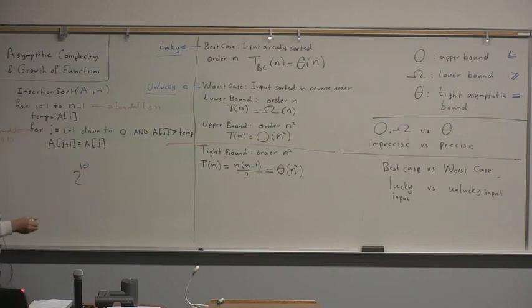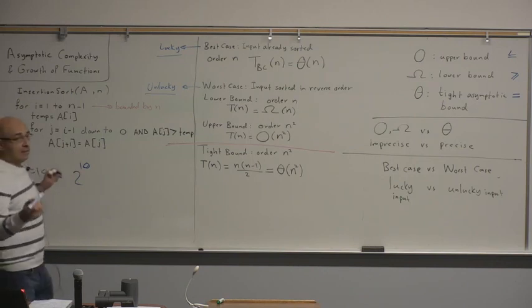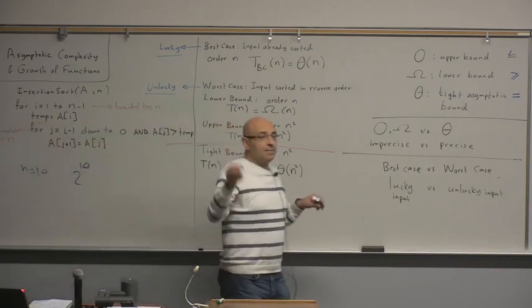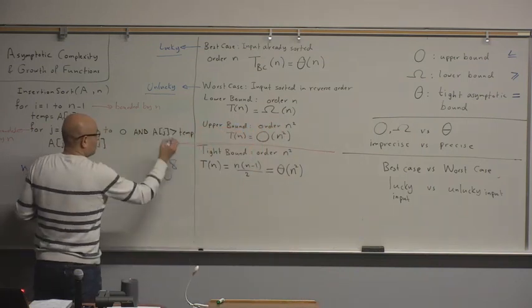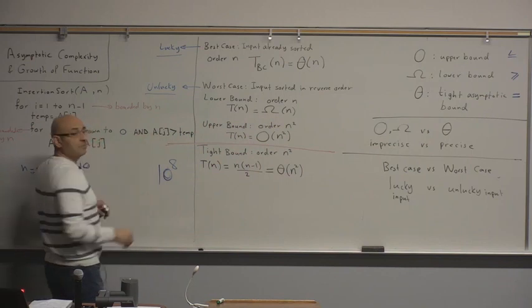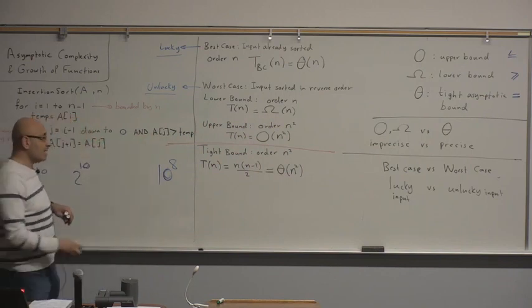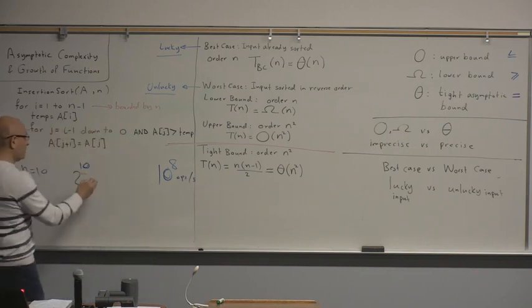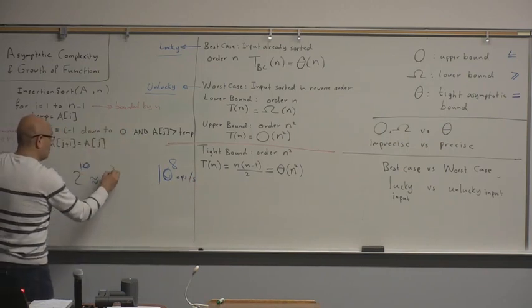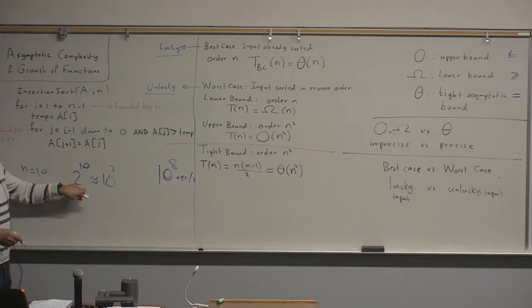But if n equals 10, 2 power 10 is about 1,000. 1,000 is nothing, because we estimated last time, as a rough estimate, that a typical computer can compute 10 power 8 operations per second. So this is exponential, and it's still taking a small fraction of a second.